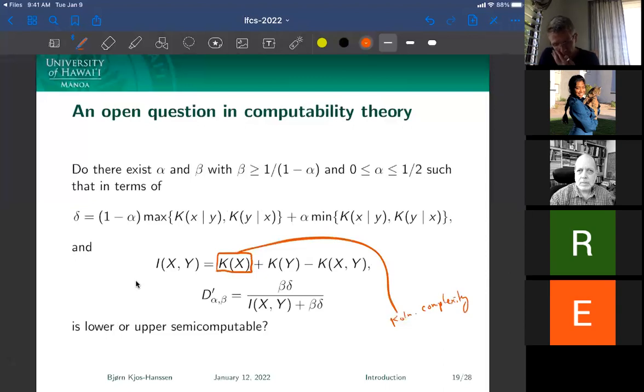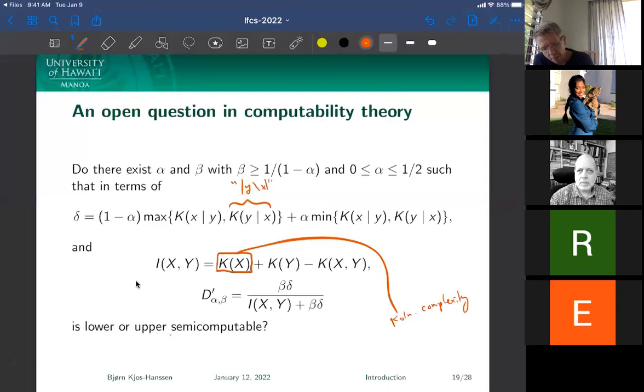We take basically what we already did, but replacing the cardinality of y minus x by the Kolmogorov complexity of y given x. And we get a function that takes strings and gives a certain distance between the strings. And the question is whether that can be lower or upper semi-computable.